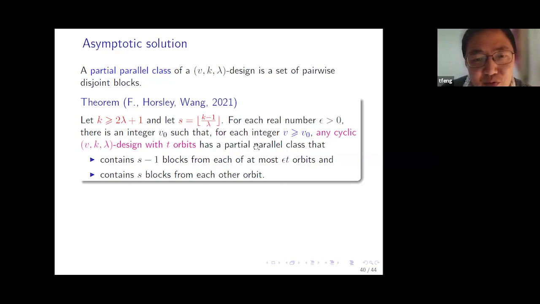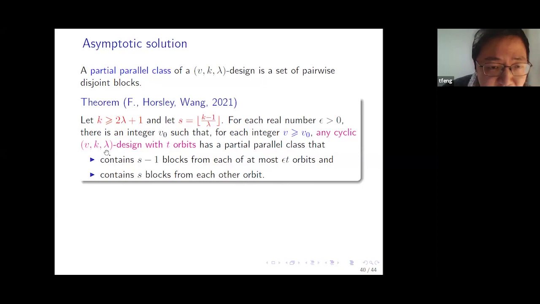The conclusion is, for each real number epsilon greater than 0, there is an integer v0 such that for each sufficiently large integer v, any cyclic vk lambda design has a partial parallel class. A partial parallel class is a set of pairwise disjoint blocks such that it contains S-1 blocks from a small number of orbits and contains S blocks from each other orbit.